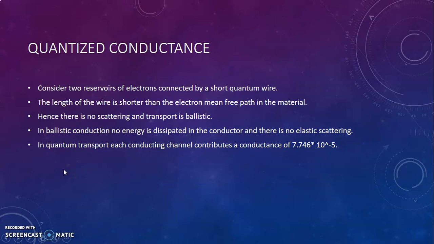In quantum transport, each conducting channel contributes a conductance of 7.746 × 10^-5 Siemens. Understood? We considered two reservoirs of electrons connected by a short quantum wire as shown in the figure, and the length of the wire is shorter than the electron mean free path in the material. In that condition, there is no scattering and the transport is found to be ballistic.